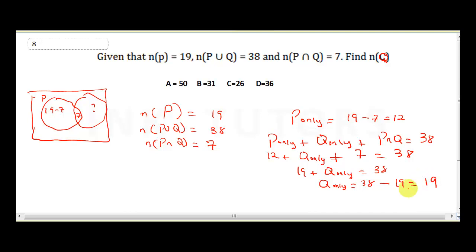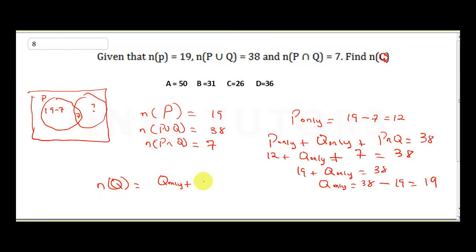Okay, now we've gotten our Q only. To get the number of people in Q, remember, the number of people in Q will be Q only plus those people in P intersection Q, n of P intersection Q. Because let's assume some people who take attributes in item P also do Q. So to get the total number of people doing Q, it's going to be Q only, which is 19, plus 7, and that will give us 26.